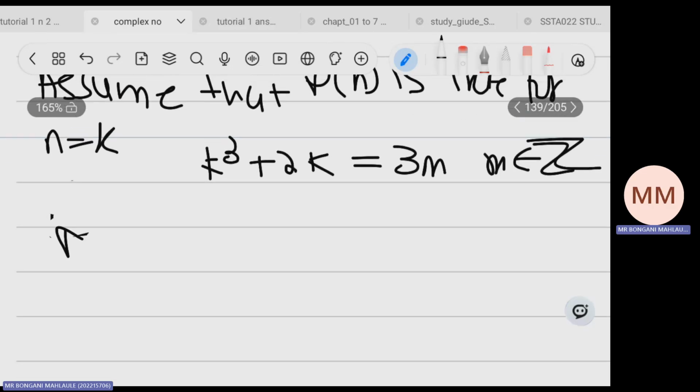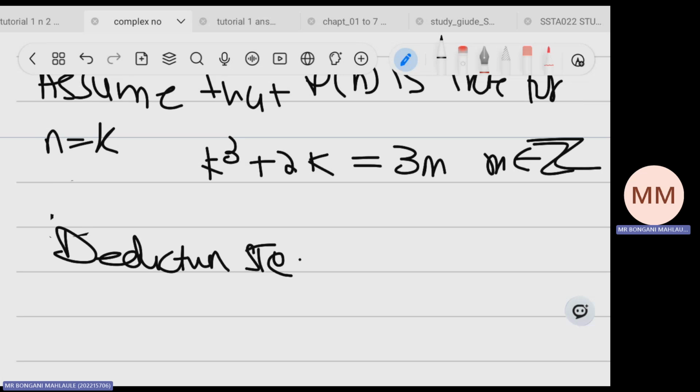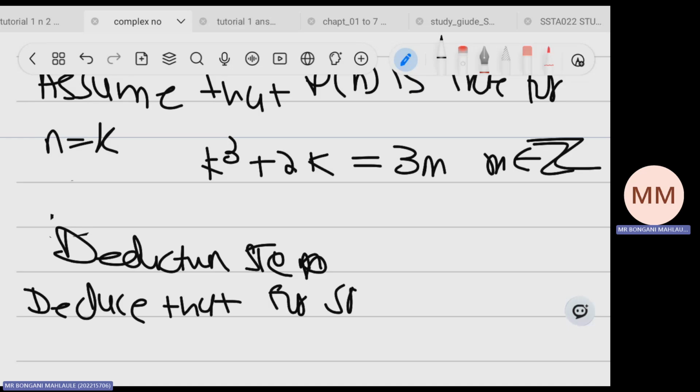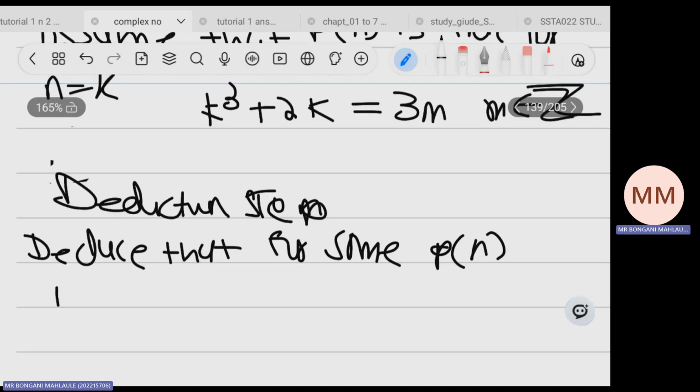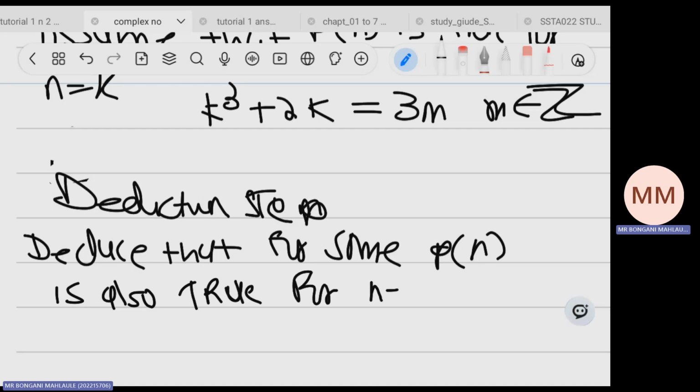Then we'll come to the deduction step. We want to deduce that P of n is also true for n equal to k plus 1.